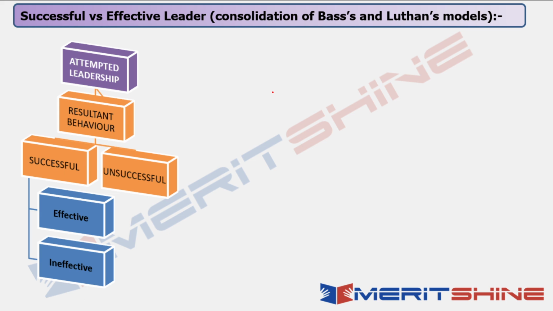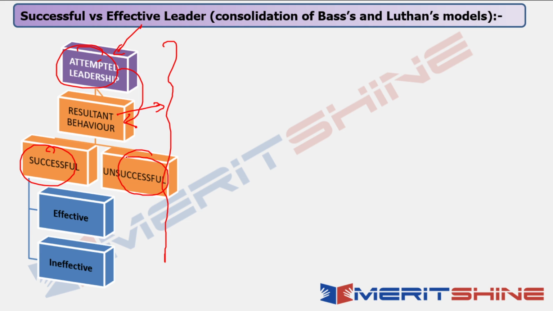He created this model, consolidating his and Bass's ideas. What he said was that a leader attempts to act as a leader, and from that attempt there is a resultant behavior. He acts in a certain way, and that way might be successful as well as unsuccessful.